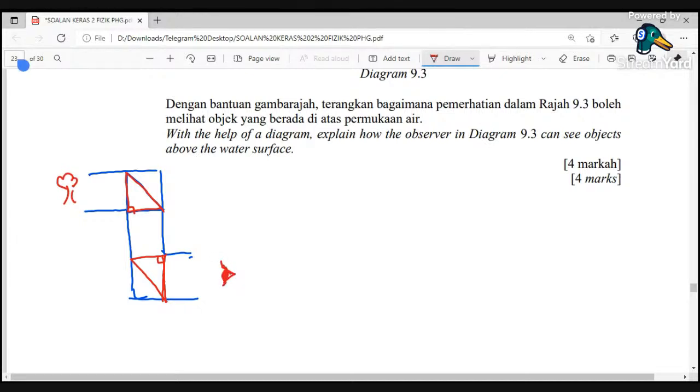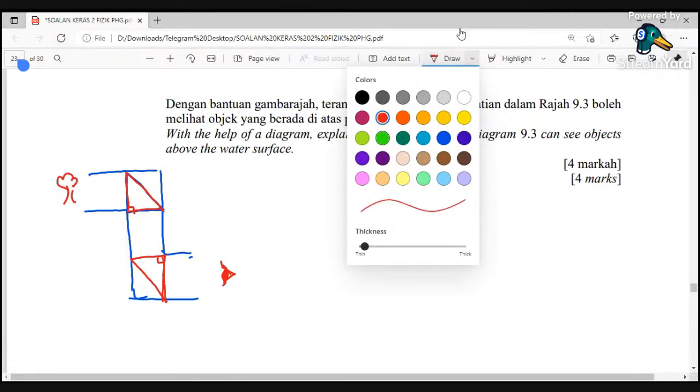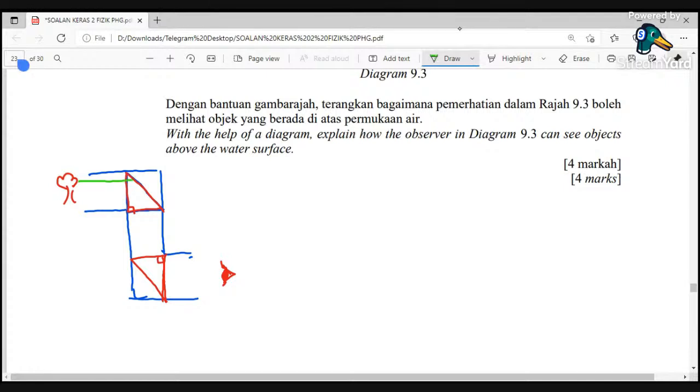Okay, tengok sini. Okay, kita applykan konsep of total internal reflection. Okay, light ray coming from the, let's say I draw 2 lah. Okay, ini ialah 45 degrees punya prism, 45 degrees.